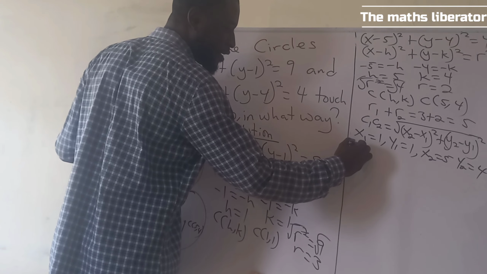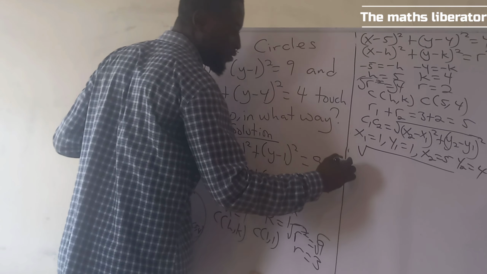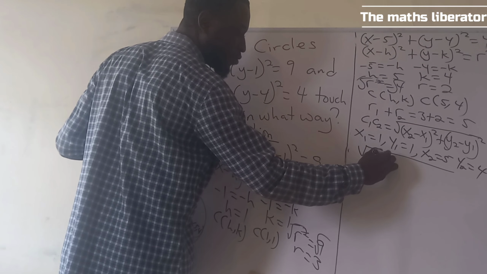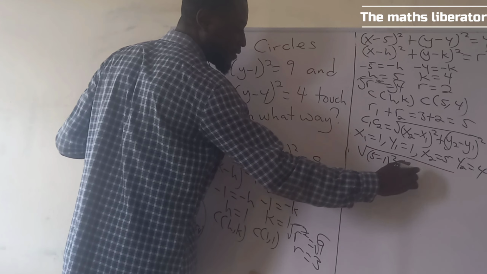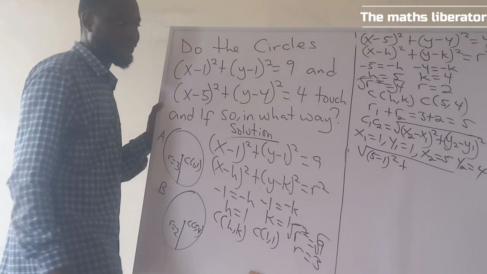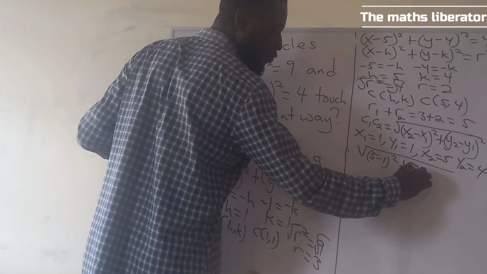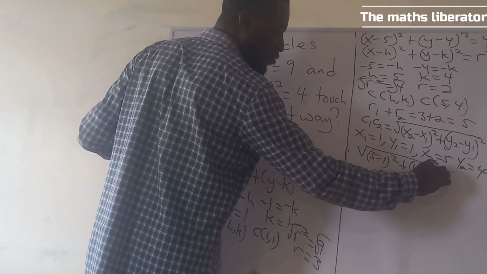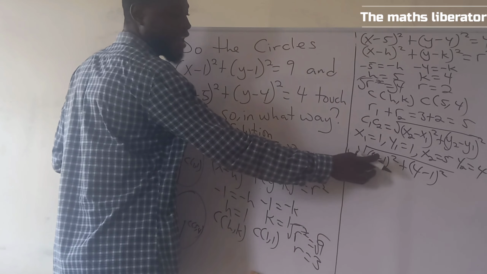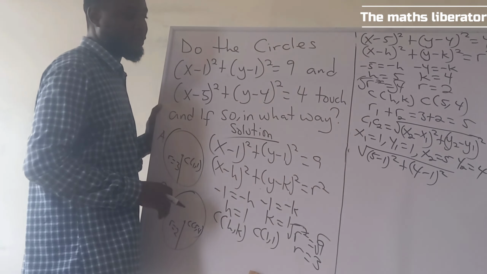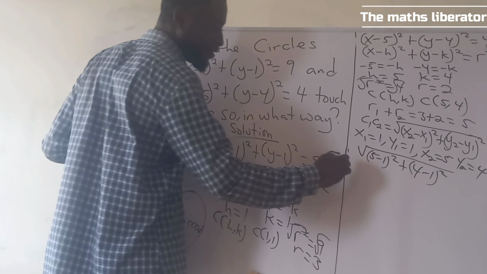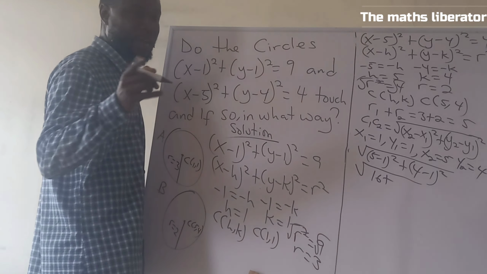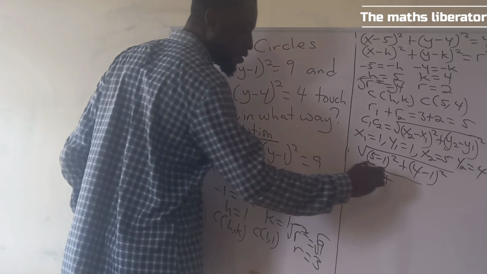So after doing this, you can plug in the values. x2 minus x1 is 5 minus 1, you square it, plus y2 minus y1, which is 4 minus 1, you square that. So 5 minus 1 is 4, and 4 squared is 16. Plus 4 minus 1 is 3, and 3 squared is 9.